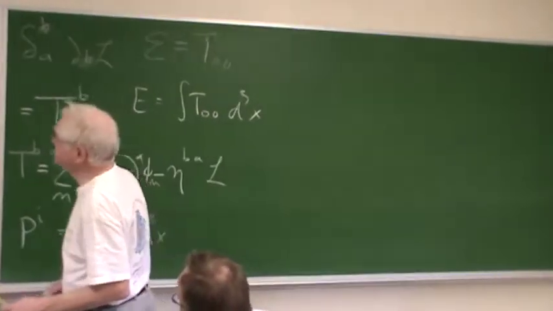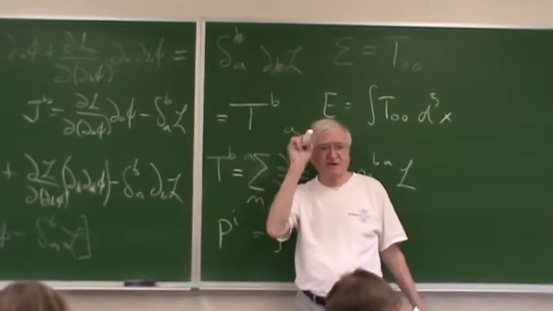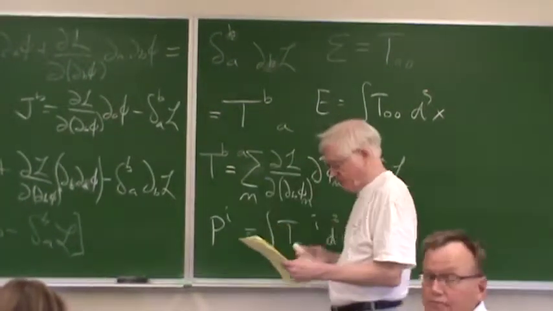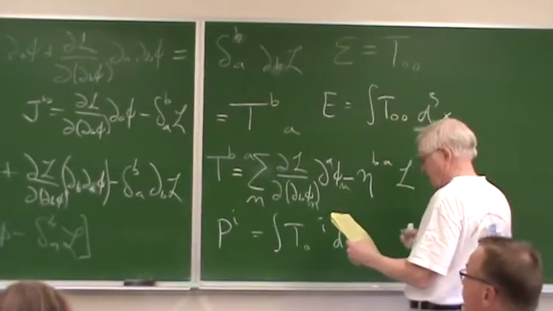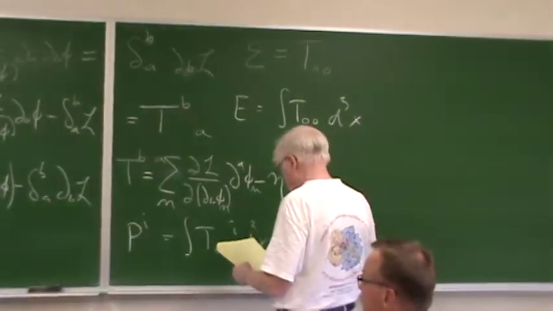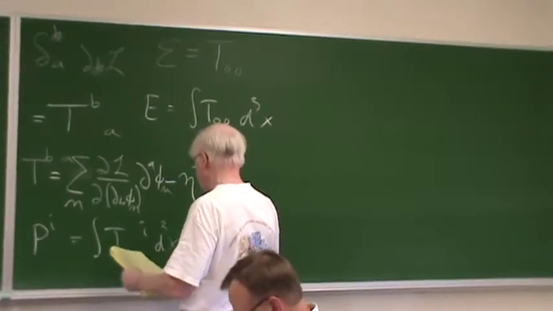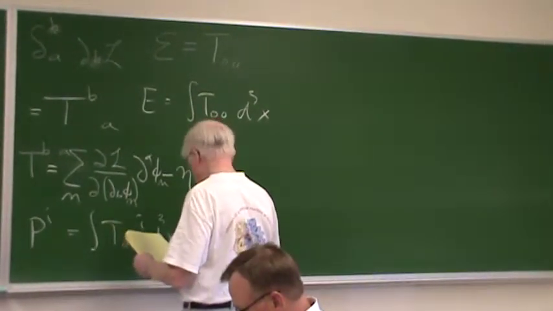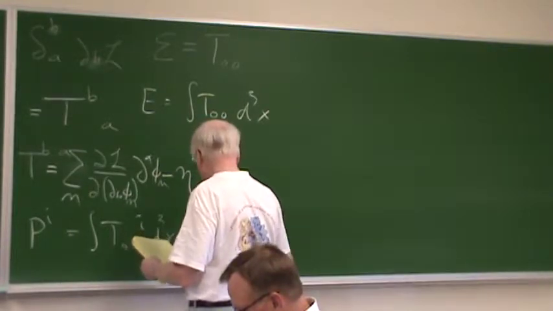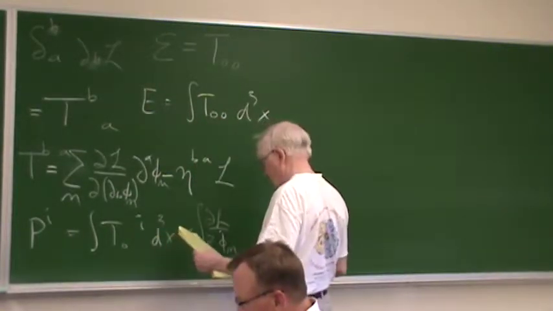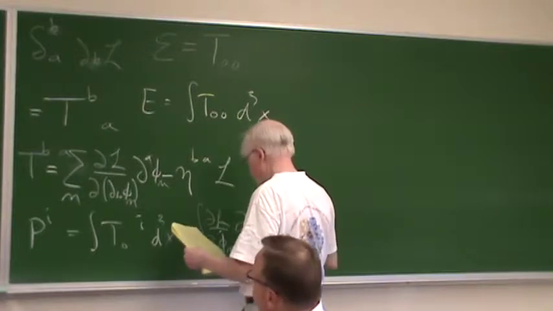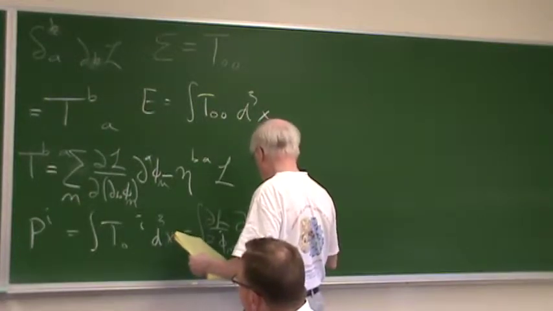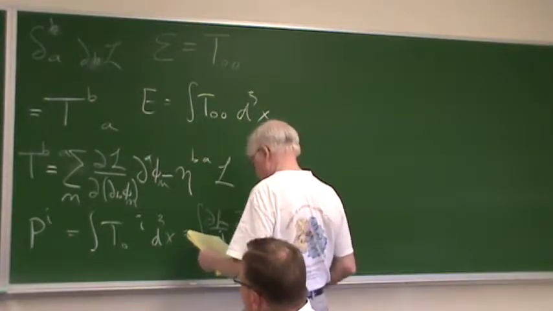Well, let's go to the simple scalar field theory that's on the green boards up in the front. The single scalar field of mass m. Then what is this? Well, this is the integral of partial L partial phi dot, or if there are several fields, phi n dot, and then d_i phi n d cubed x.